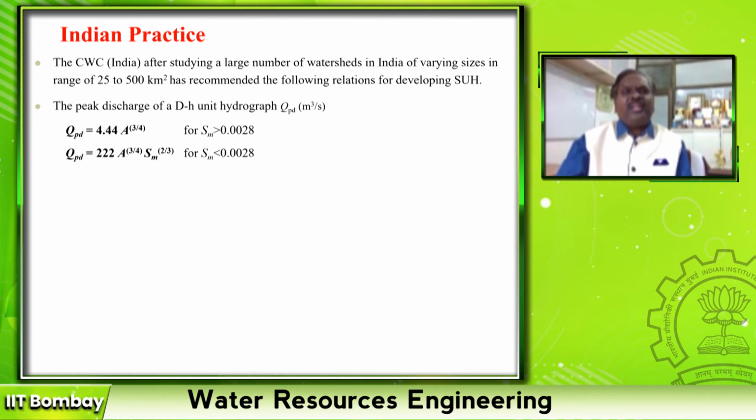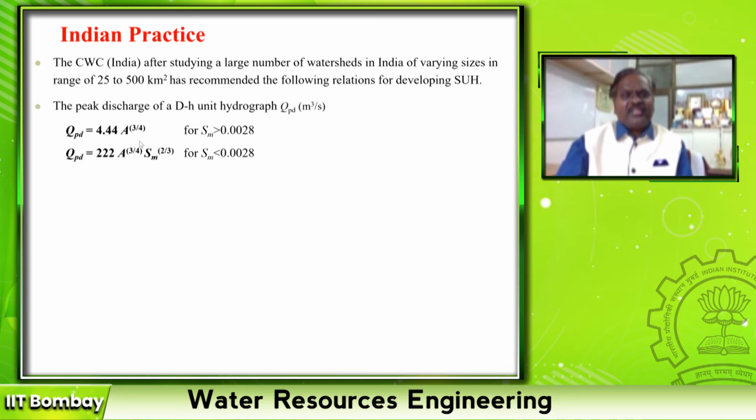It is an empirical relationship to derive the peak discharge. So the peak discharge is 4.4 times of area to the power of 3 by 4. That means I am converting the discharge in terms of area, which is in kilometers square, and peak discharge is in meter cube per second, where S is slope.